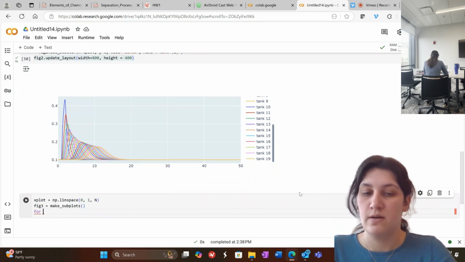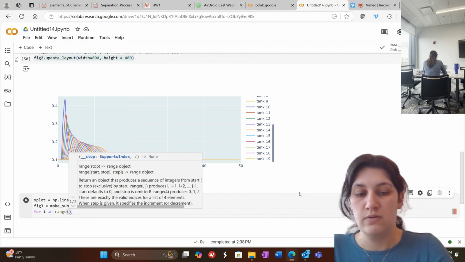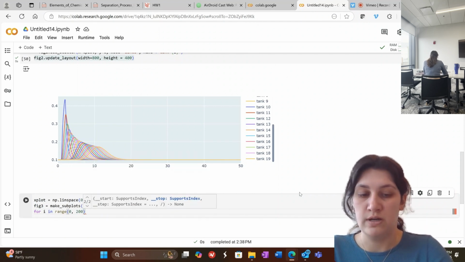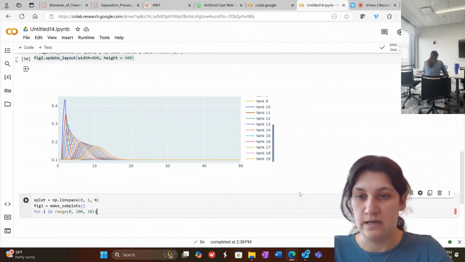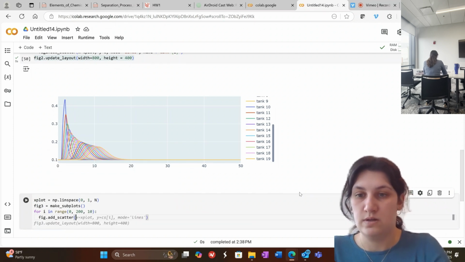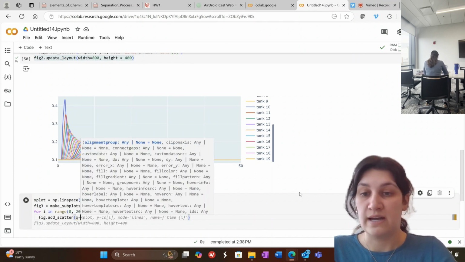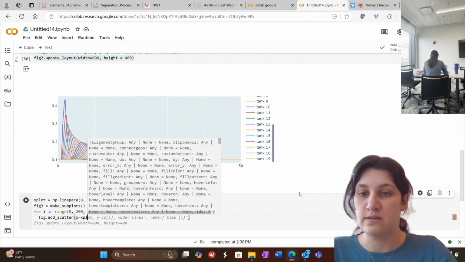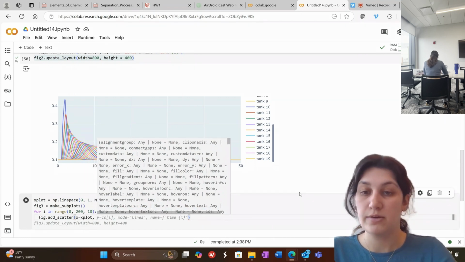This time it's going to be for i in range 200 in increments of 10. Going to make a scatter plot. Our x-axis this time, like I said, is x_plot instead of t_plot.